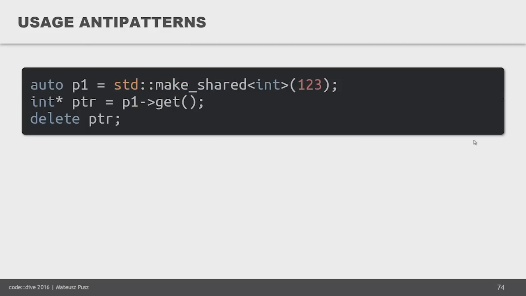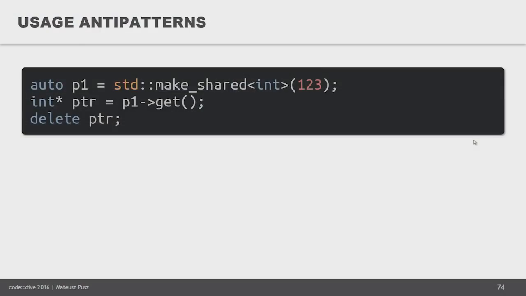I think the last anti-pattern I wanted to present to you is that, yes, do not explicitly delete the pointer stored by the smart pointers. It may look trivial here, but if you have a complicated application where you once use shared pointers, otherwise you use pointers, just dereference from it and spread it across your application, it may turn out that it will end up in a deleter somewhere.